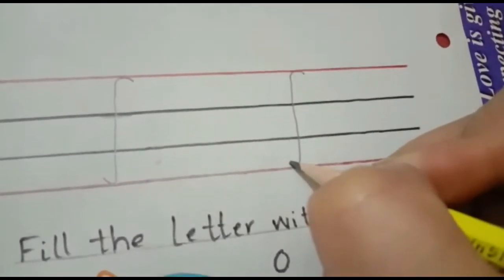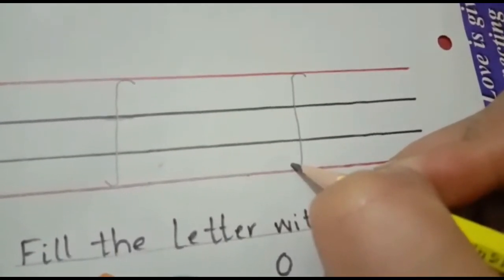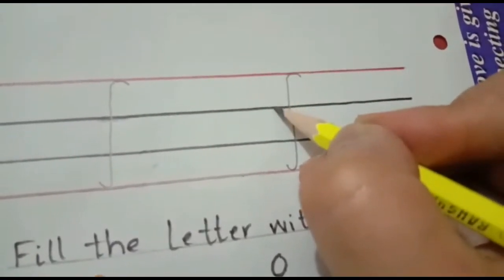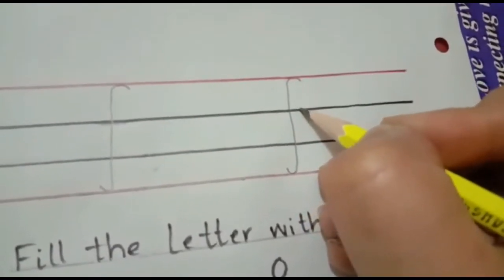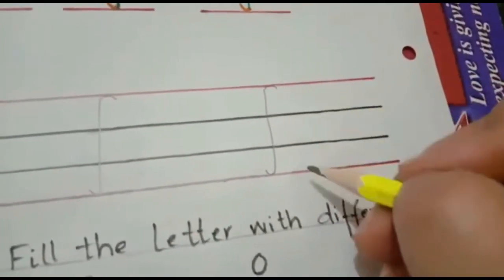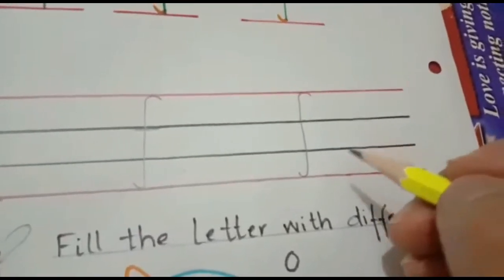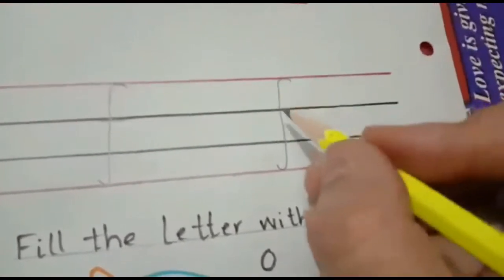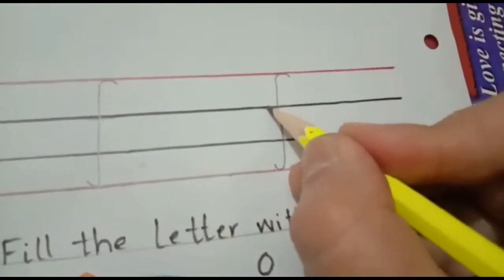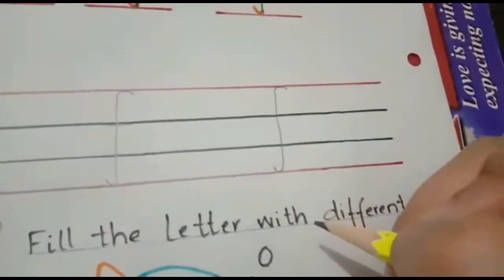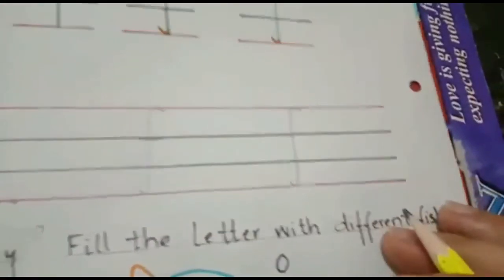Here I will make a little tail or a little loop with the lower line, and now I will put a sleeping line on the middle line. Yes, this is small f. This is small f and it should be in 4 lines. Okay. This is a sleeping line, small sleeping line. Yes, have you got it?